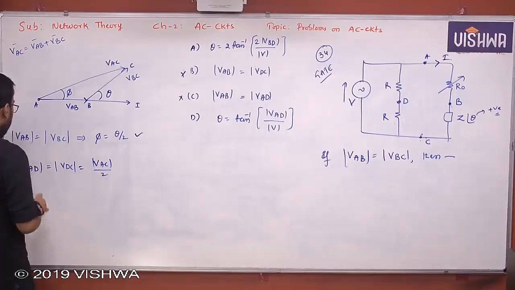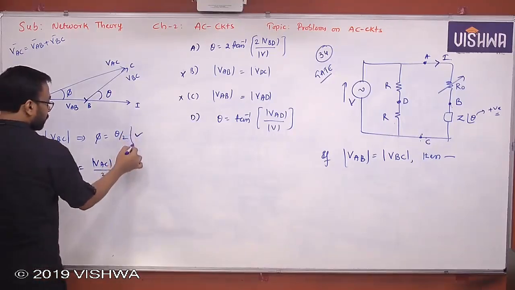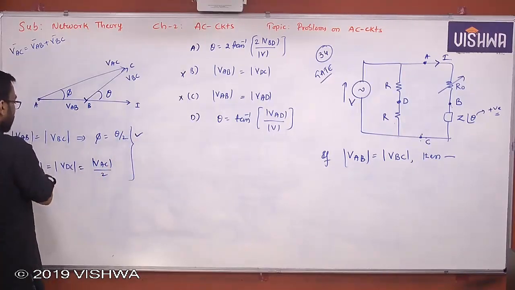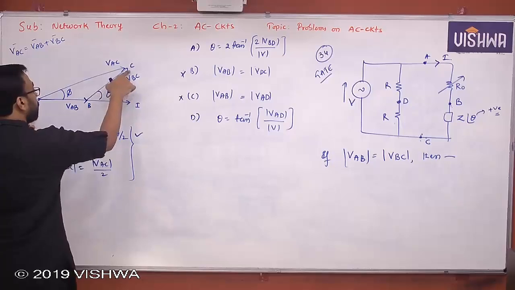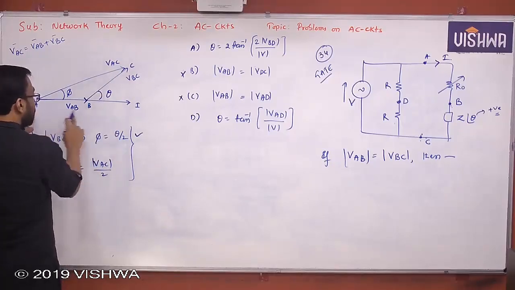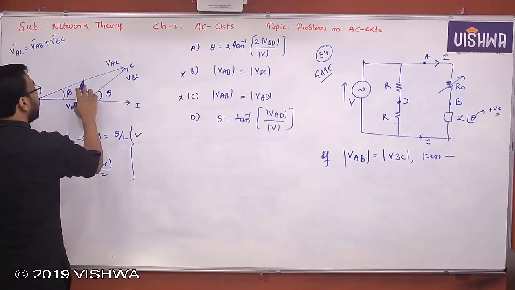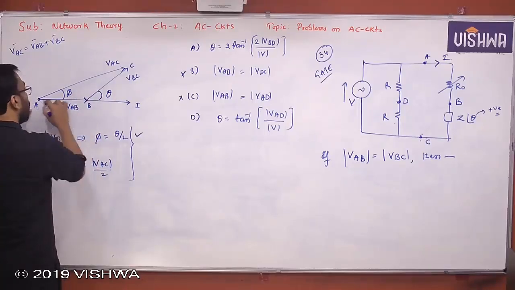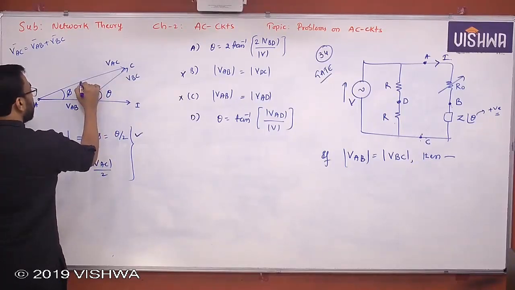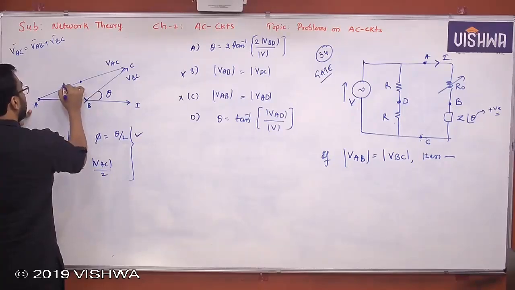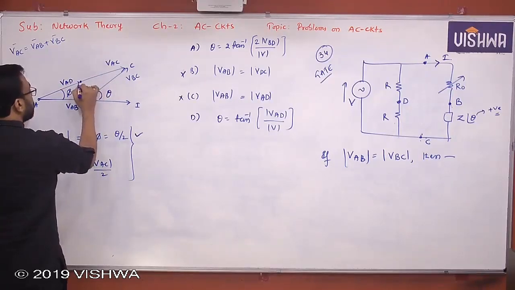Understand? Now, when you have these two conditions, VAB is equal to VBC, and also VAD, that means point D is selected on AC in such a way that VAD, this is VAD, and this is how much actually here?